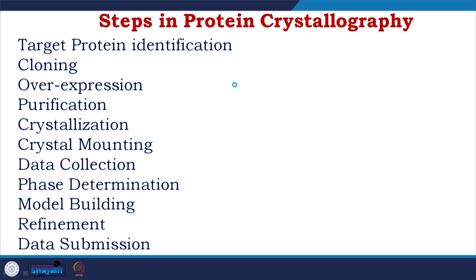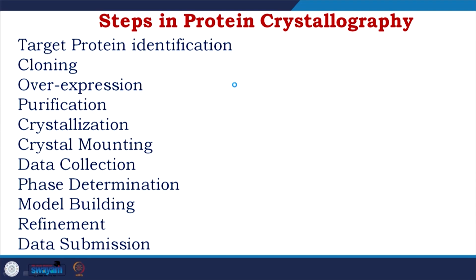Coming to the steps in protein crystallography, as I told, to work with protein is always difficult because you cannot just start with protein. You have to go back and start with DNA. So, your first work is to choose a proper protein target, but go back to the gene sequence, look at the gene sequence, then do some engineering.